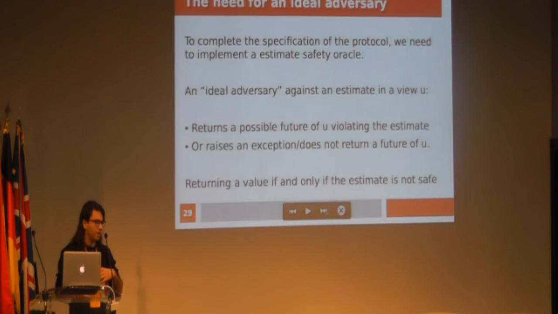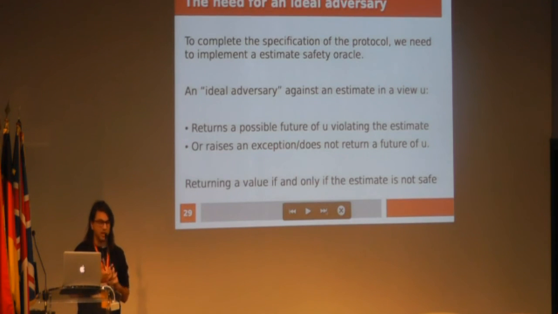So basically an ideal adversary is a proposal that I have for how to implement the safety oracle. An ideal adversary will strategically search the state of possible protocol futures for one that violates the estimate of the safety calculation. So if I'm trying to do a safety calculation for a particular estimate in a particular view, I will simulate an ideal adversary on that view to try to find the future of that view that violates that estimate.